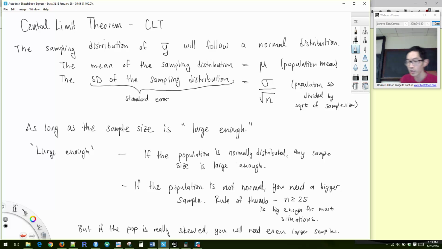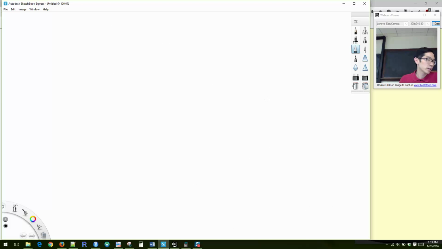Okay, so let's try an example problem using this. We are looking at princess bean seeds, which I don't know anything about, but apparently, what is a princess bean?